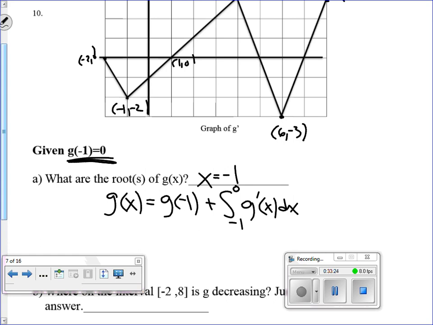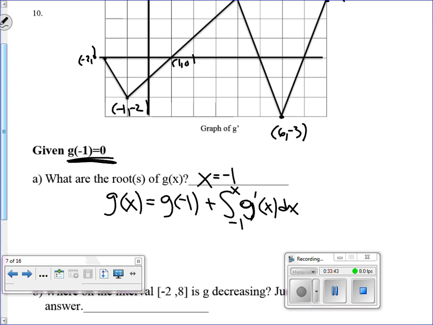Oh, wait, I didn't mean to write 0 up here. It should be x. Sorry about that, kids. So if you want g of x, you start with g of -1 and add the change in g by integrating the derivative of g from -1 to whatever x is.